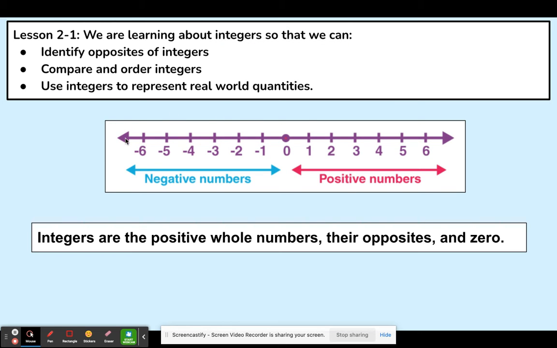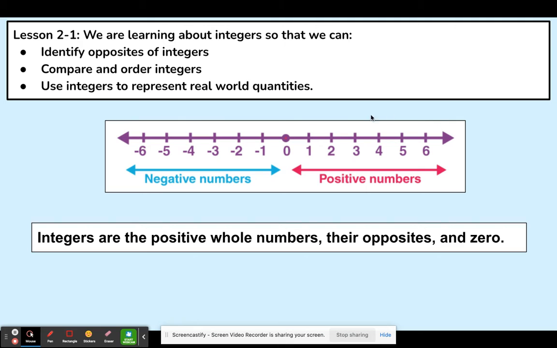Now I want you to look at this picture right here, this number line. This number line shows us integers. Integers are the positive counting numbers like 1, 2, 3, 4. Their opposites, so -1, -2, -3, and so on, and 0.